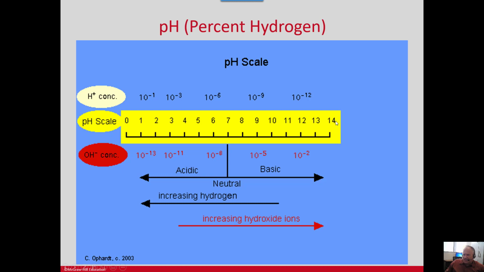At the other end of the scale, at 14, the hydrogen proton concentration is 0, but the OH concentration of the hydroxyl group would be 100%.